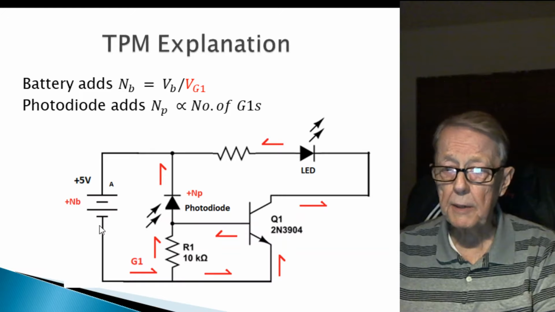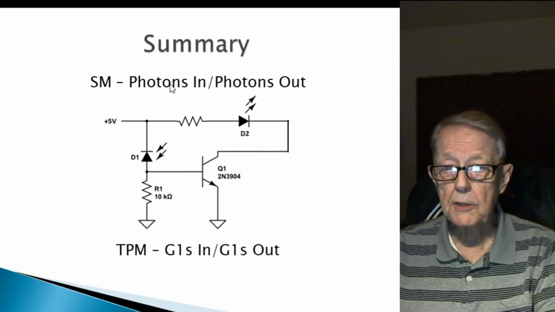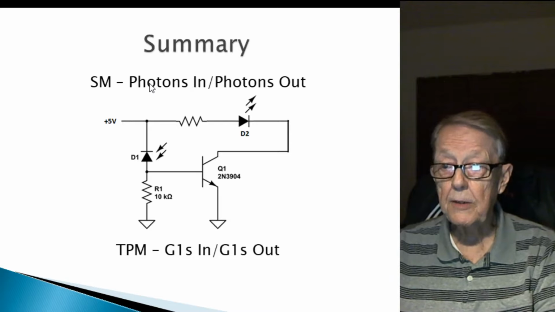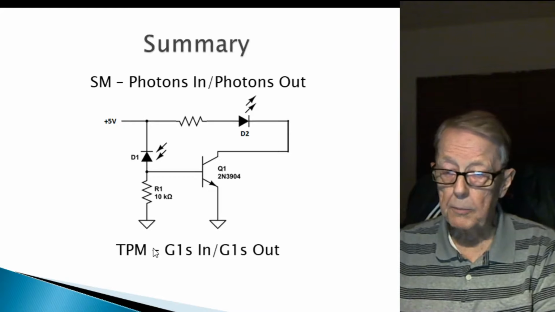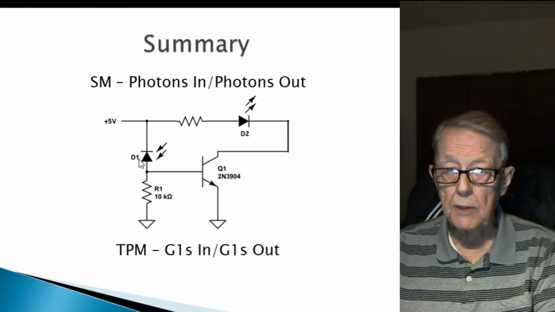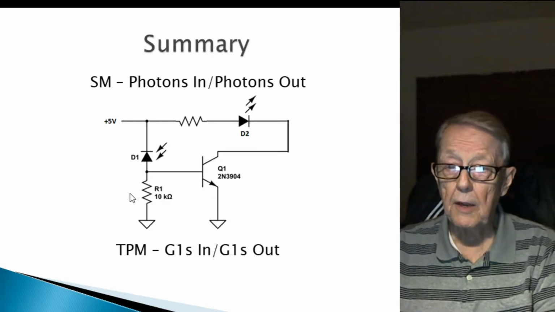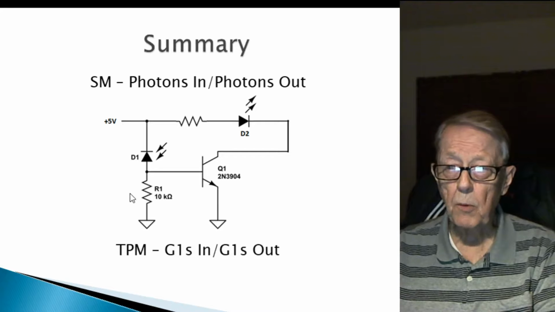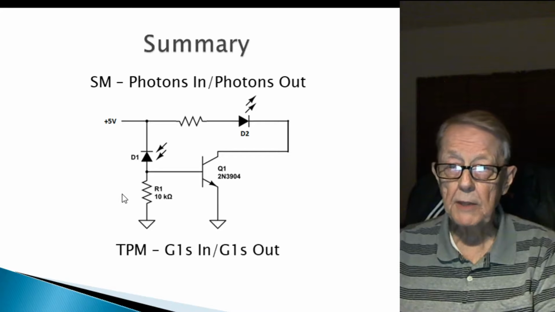Particle model explanation. In summary, the standard model says it's photons in, photons out, and photons are packets of energy with wave-like properties. The TPM explanation is G1s in, G1s out. Simple, straightforward. It's the same thing that I've explained with the FM radio transmitter and receiver with antennas. The same things are happening.